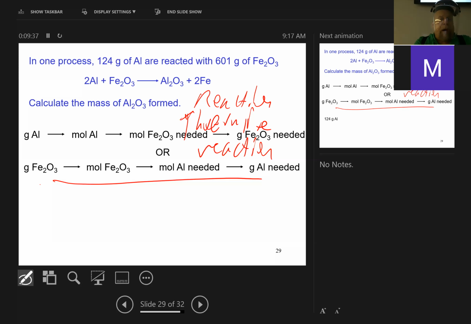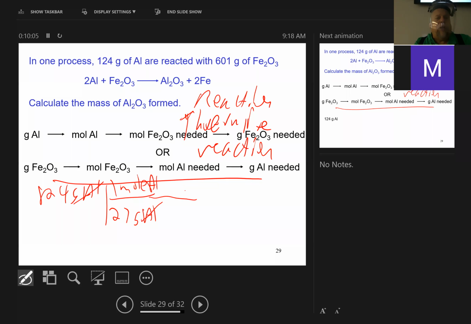All right, so what we're going to do first is take the aluminum. We have 124 grams of aluminum. Okay, and what is the number there for the aluminum again? Okay, 27 grams of aluminum per 1 mole of aluminum. Okay, there you go.